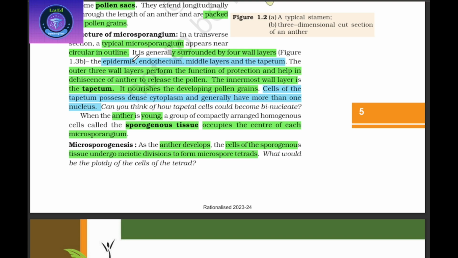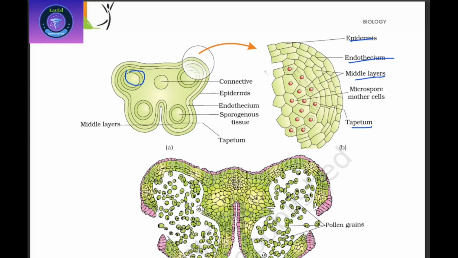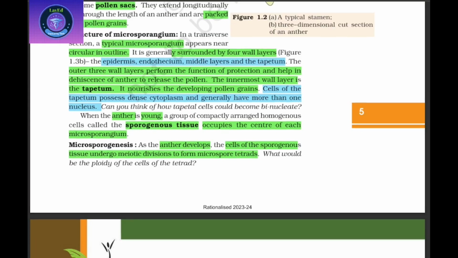Now this time, microsporangia are what? Circular. Clear? These four dots, one more time I will show you. One, two, three, four. These four are circular. But the overall structure is looking like what? Tetragonal or not? Four-sided structure or not? That is the main point they are trying to highlight in this part.